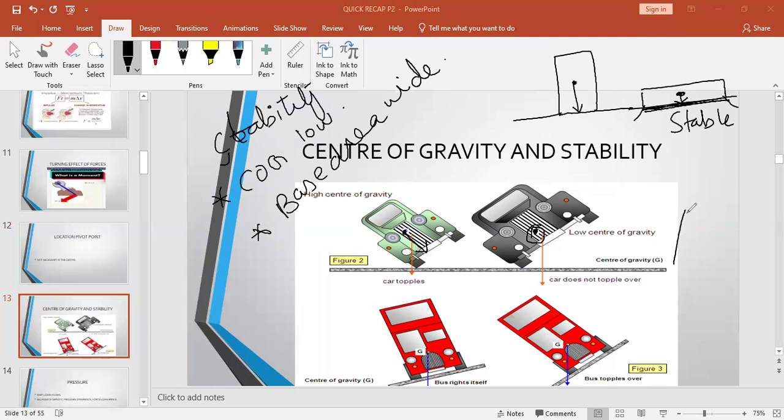Like the question, if it is asking this question, this and this, which one is more stable, A or B? It's B. It's B. Okay?